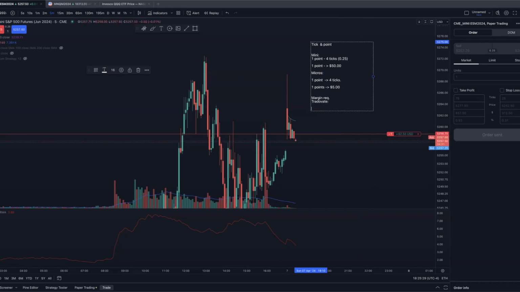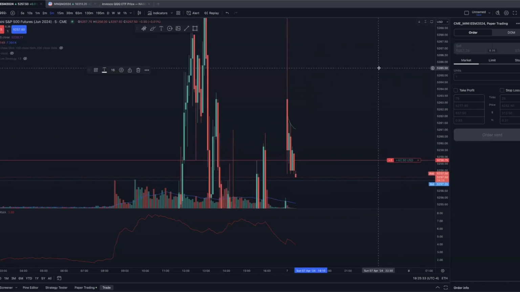So for mini contracts, you can see it on my screen right now. It's up like $62.50 because we entered at 52.58. Right now, the price is at 52.57.25, which is like $1.25 from our entry to the downside. Now we are up like $62.50. And this is how these contracts move with minis, by the way.